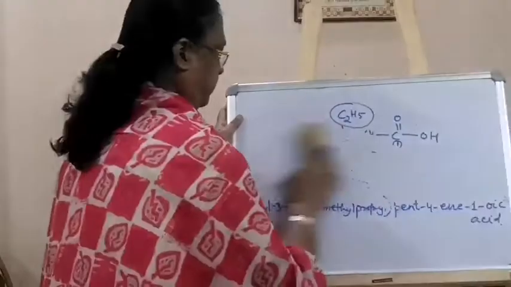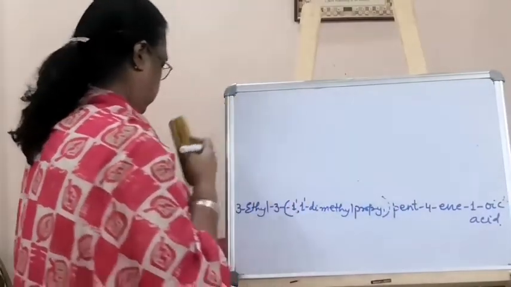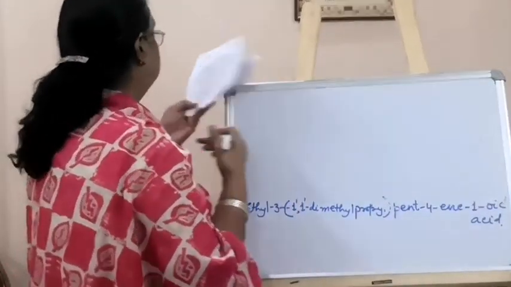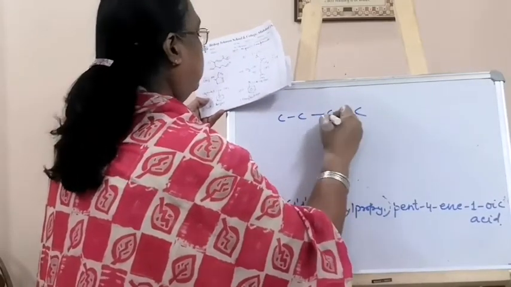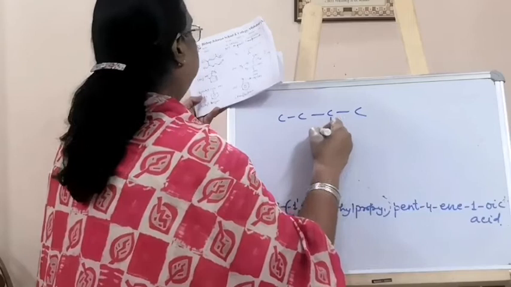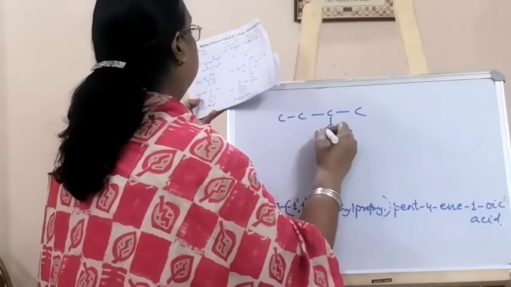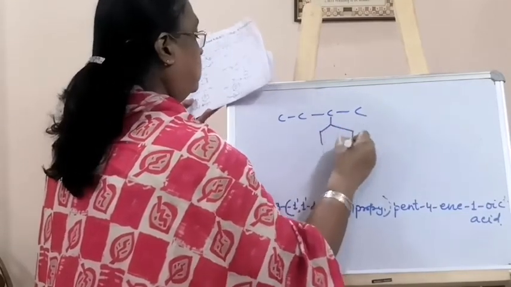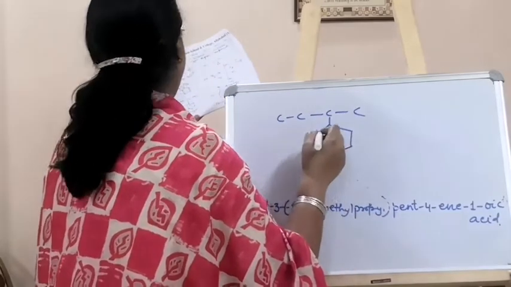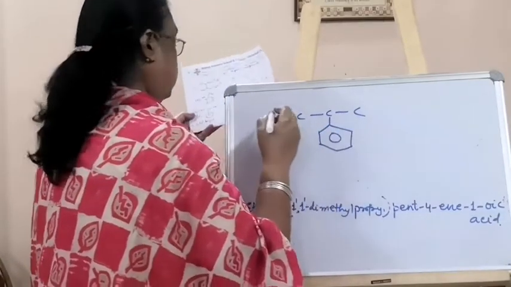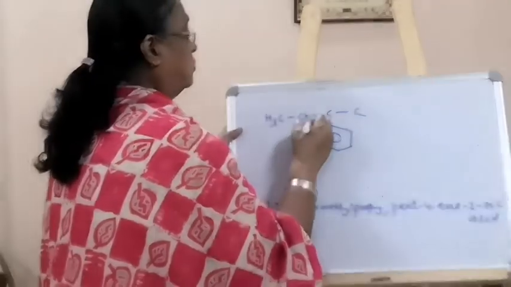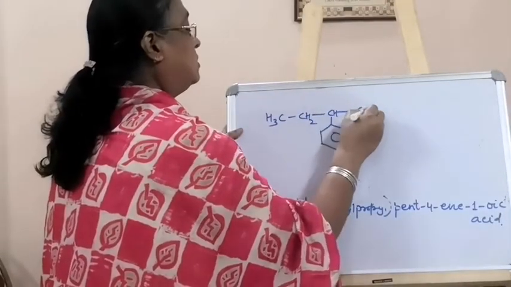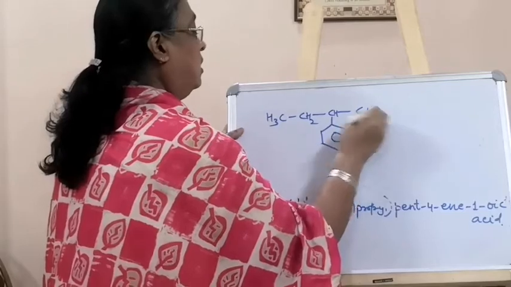Now next example. 1, 2, 3, 4, and we have here the chain. So CH3, CH2, CH and CH2.